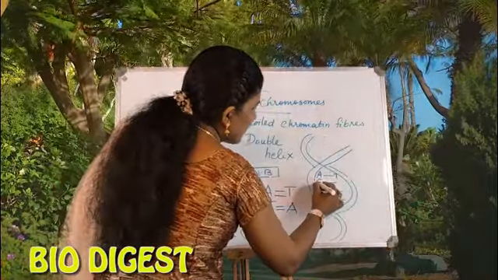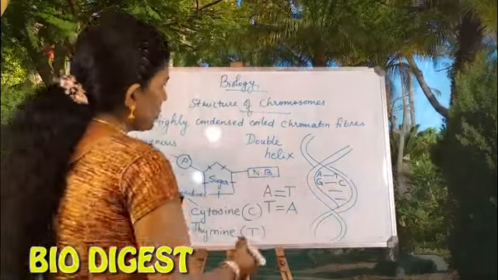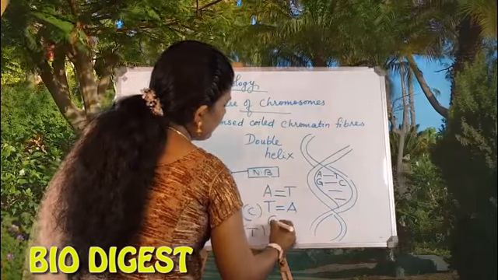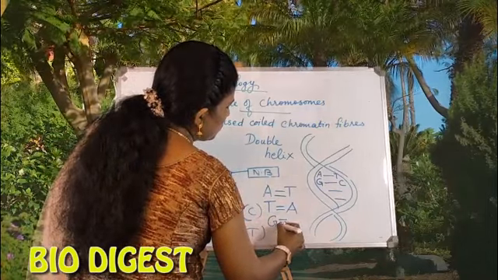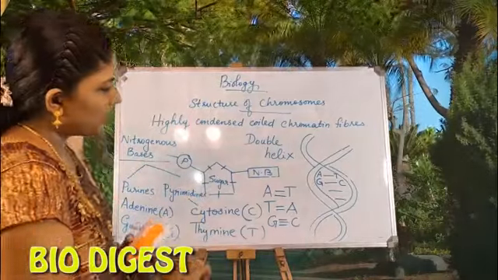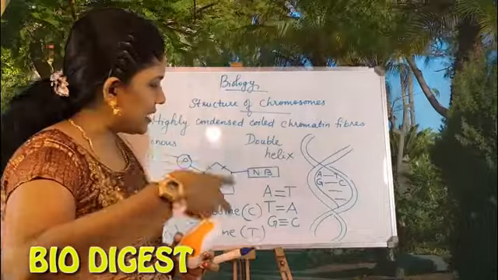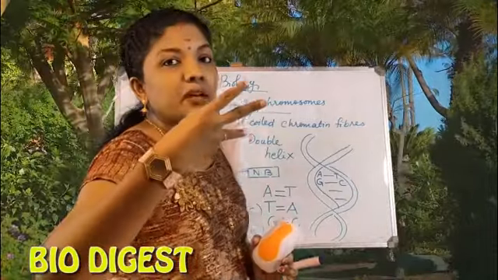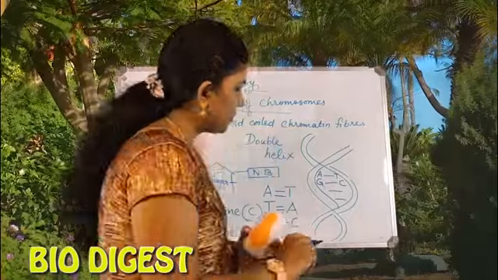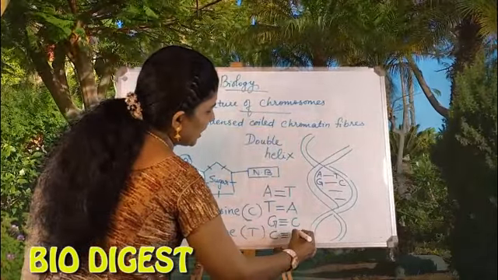Now if G is there, on the opposite side there will be C. So that means guanine will bind to cytosine by a triple bond. So the difference is there: A and T, a double bond is present. G and C, a triple bond is present. If C is on this side, what will be on the other side?